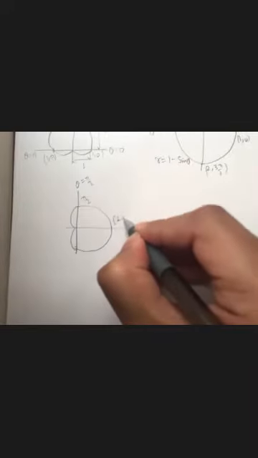The notation is r comma theta, so it should be 2 comma 0.